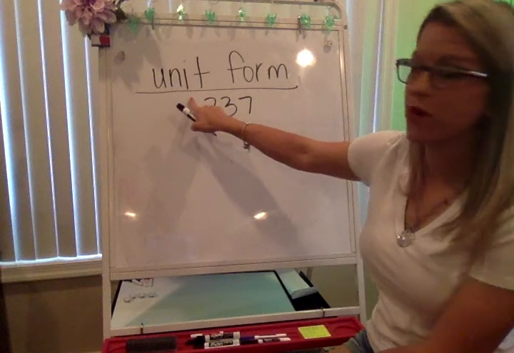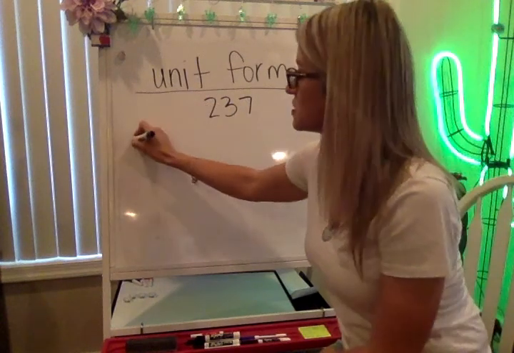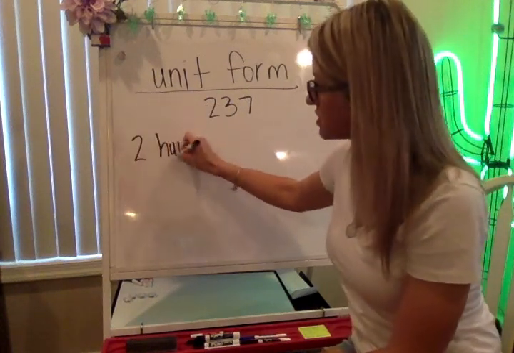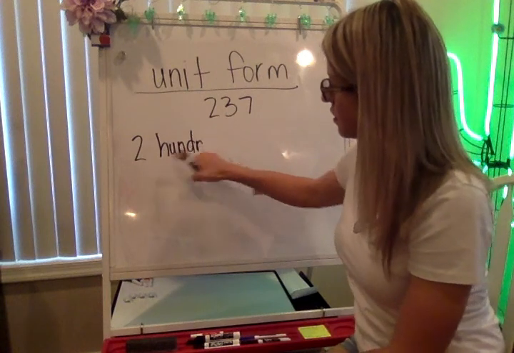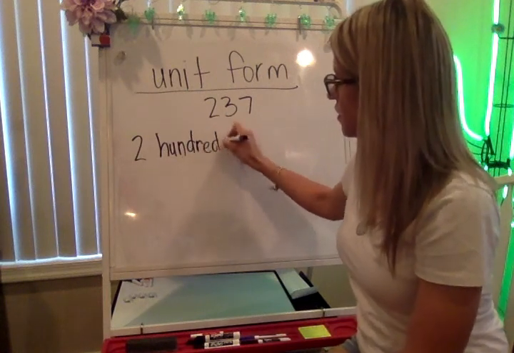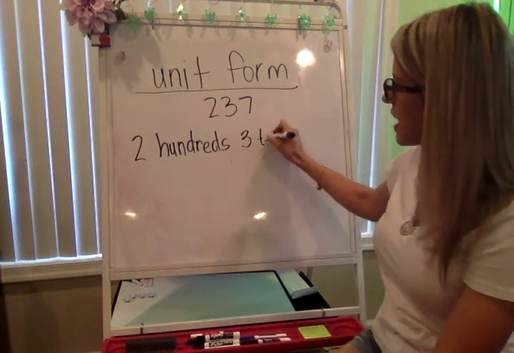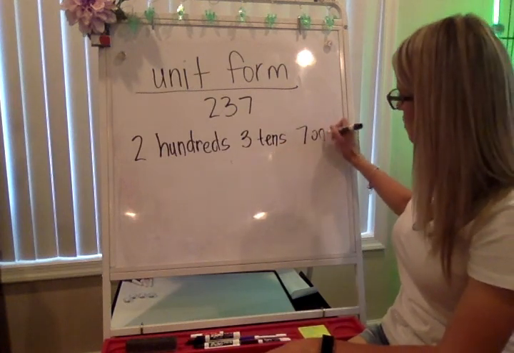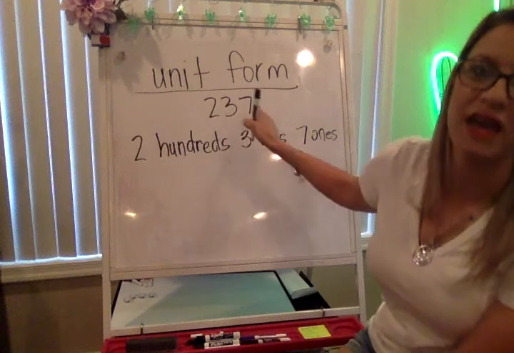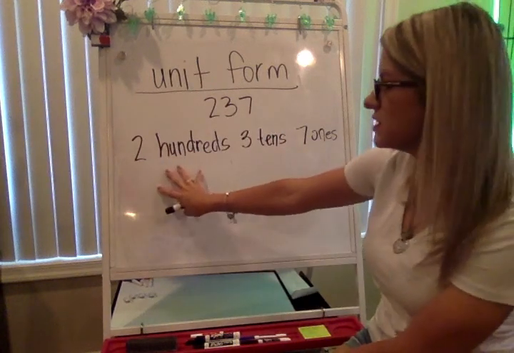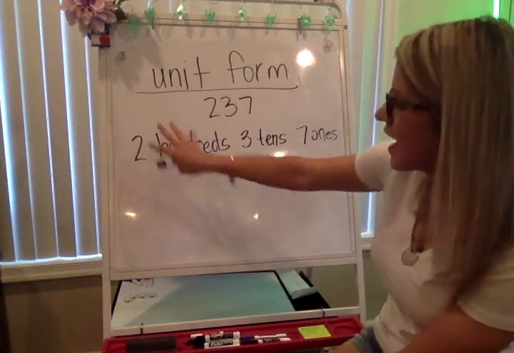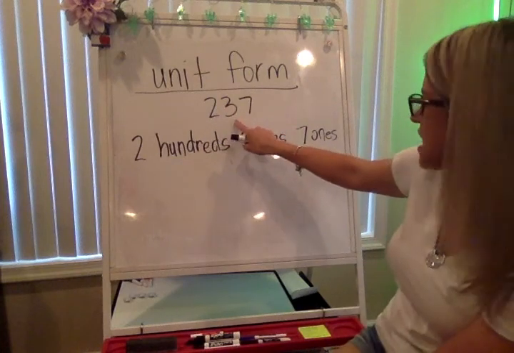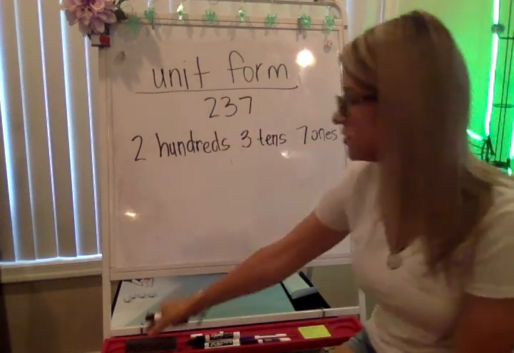So for the unit form, I'm going to show it like this. 2 hundreds, 3 tens, and 7 ones. This is how you write it in unit form. I'm basically just breaking it down to say how many hundreds, how many tens, how many ones.